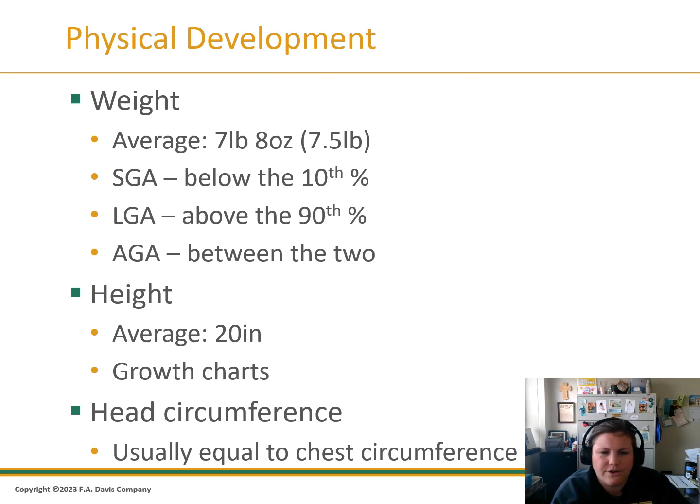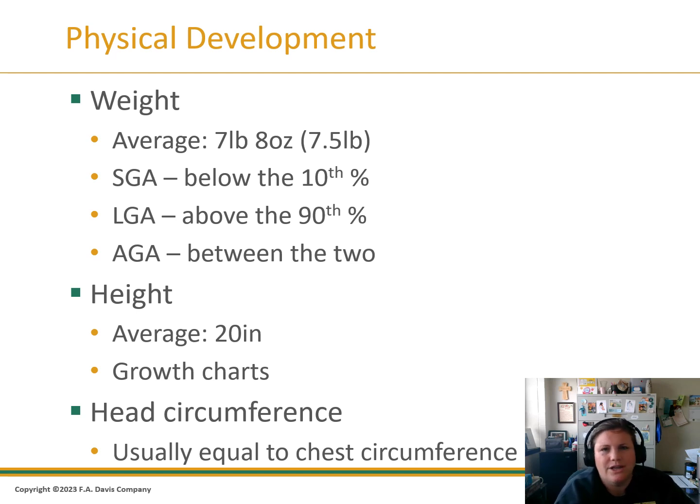All right, some other parameters to be familiar with in terms of the physical development of the child. Weight: you want to know what it means when you read acronyms like SGA, LGA, AGA. Small for gestational age, large for gestational age, appropriate for gestational age. The average infant weight, according to your book, is 7.5 pounds, 7 pounds 8 ounces.